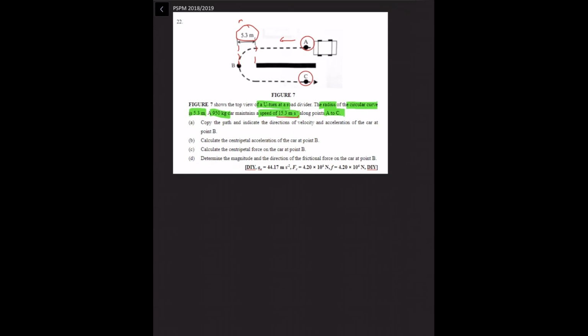First question, copy the path and indicate the directions of velocity and acceleration of the car at point B. So point B is here.